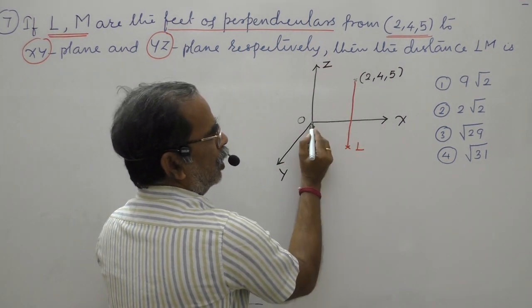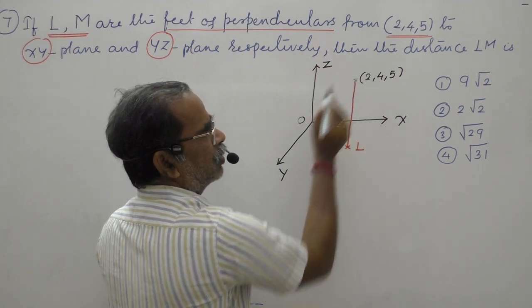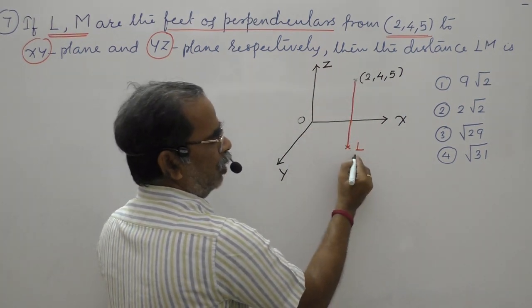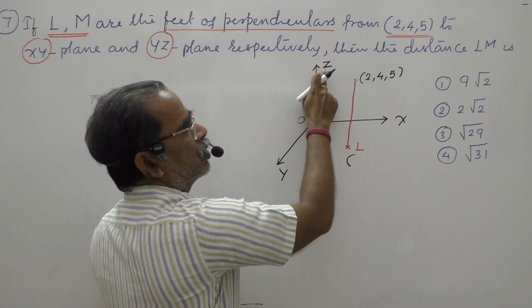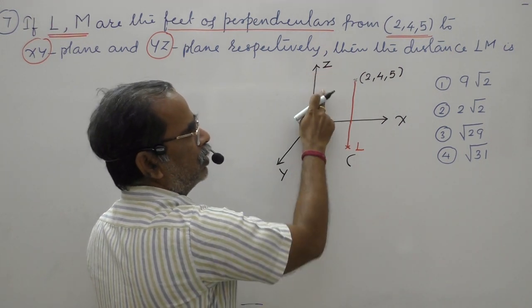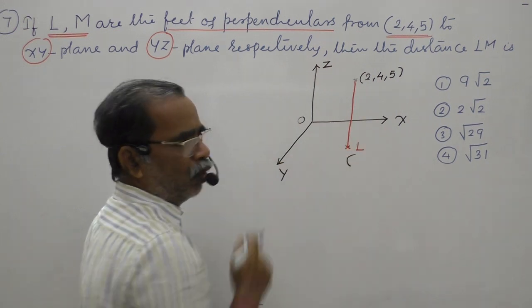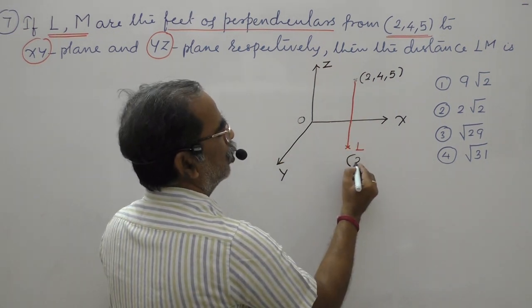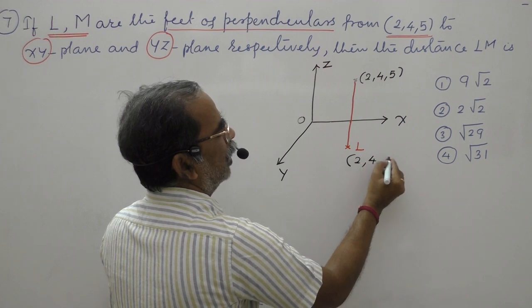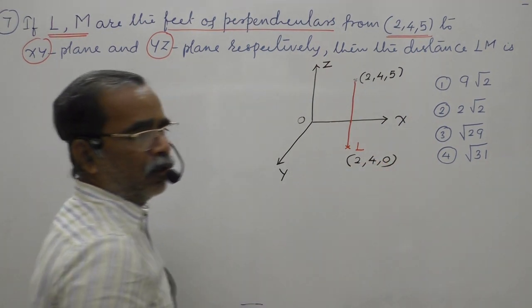Therefore its x coordinate will be the same as this, y also the same as this, but there is no z coordinate now. It lies in the XY plane, it will have x and y coordinates only. So (2, 4, 0).